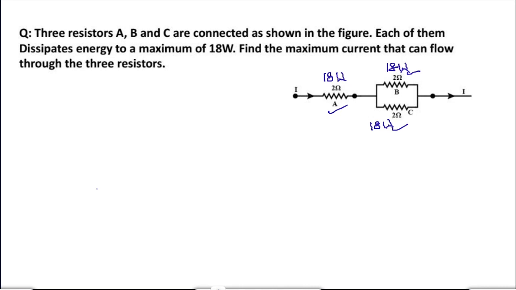How do we find it? I know the relation between power and current. P equals V into I, but here we don't have any information about V. So I'm considering P equals I squared R. From this relation, I can write I squared equals P by R. We already know all the values.